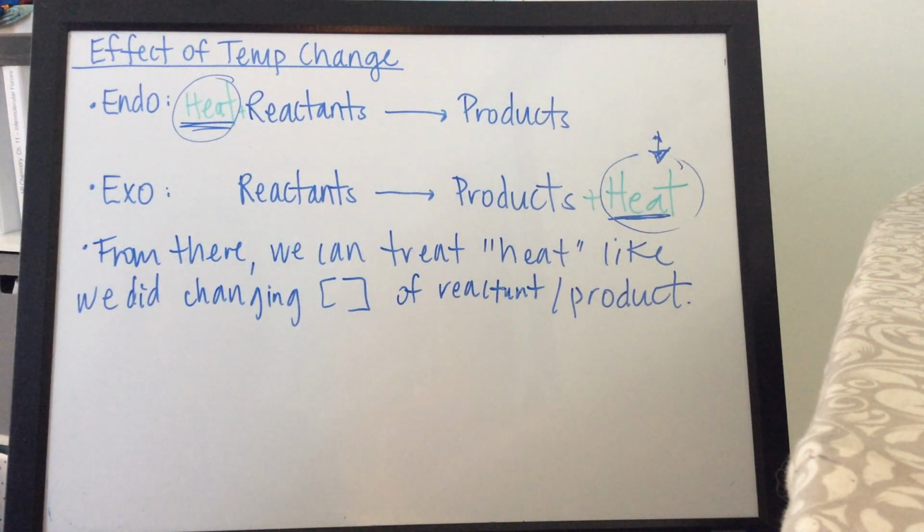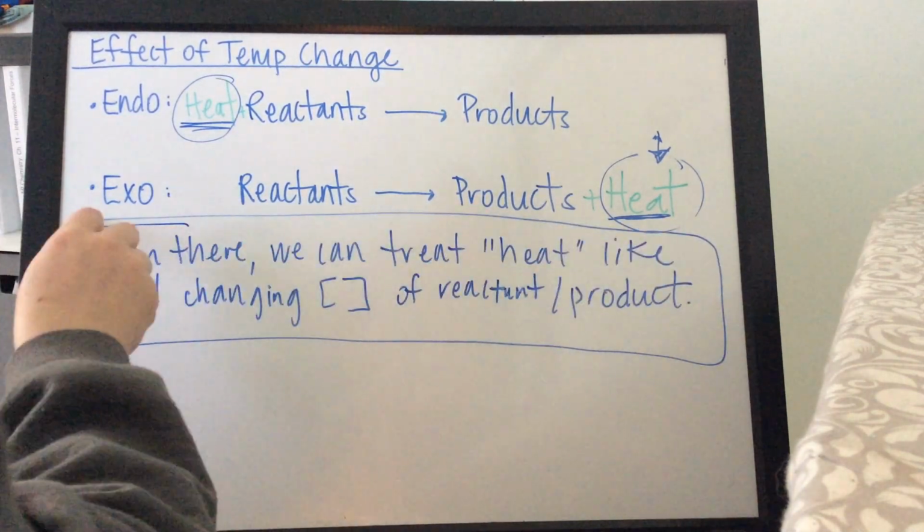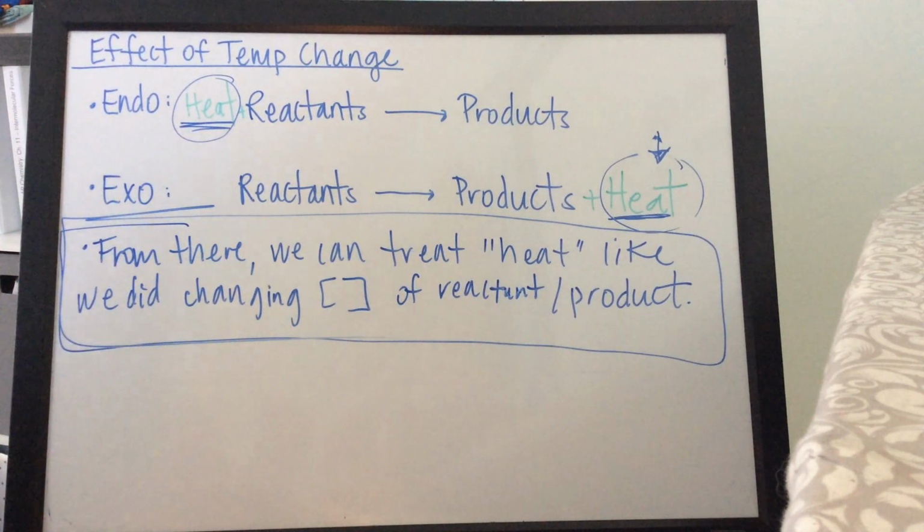That is not worth memorizing, and not worth doing four bullet points. The takeaway is that as long as we can put heat into my reaction, then I can treat it almost as if it were a concentration of something, just like we learned before. That's the easiest way to do it.